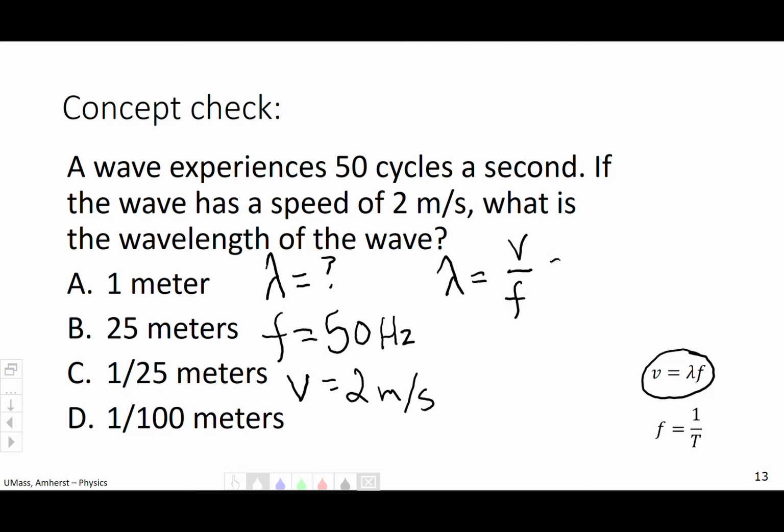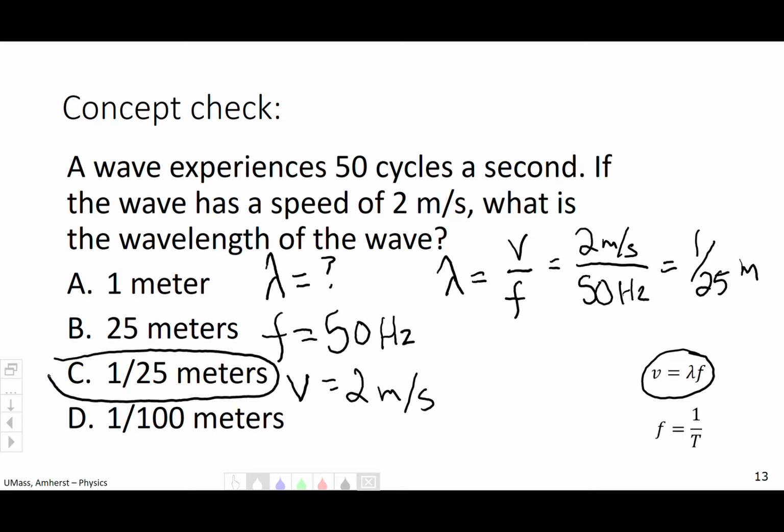So we have 2 meters per second divided by 50 hertz. That means the wavelength is 1/25 meters. So if it travels 2 meters at 50 cycles a second, our wavelength is 1/25 meter. And that is that.